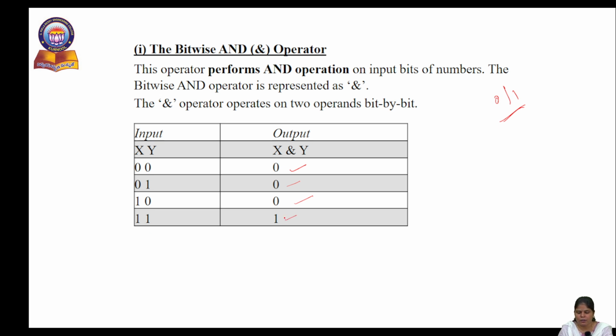So when performing bitwise AND, if both the bits are 1, then the output will be 1, otherwise 0. Whenever you perform bitwise AND on two bits, if both bit values are equal to 1, then the output of the AND operation will be 1, otherwise it is 0.